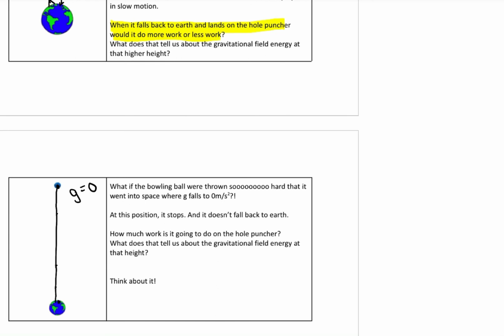So we've thrown it so far that it doesn't fall back to Earth. I'm way down here, little stick figure, teeny tiny, I can't even draw it very well. I've given it so much energy that I get it to a point where it doesn't fall back. Well, how much work does that do on the hole puncher? What does that tell us about the energy at that height? All right, going with my method of many little video clips, I'm going to pause here, think that through, and then scroll down, and we'll talk about what it means.